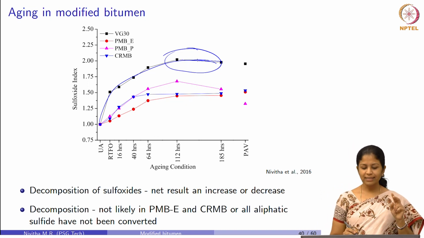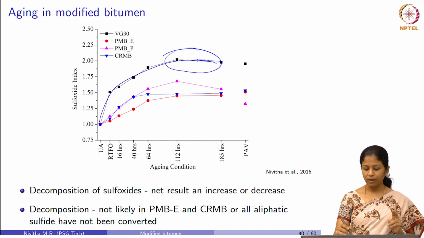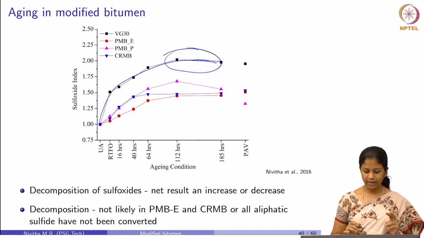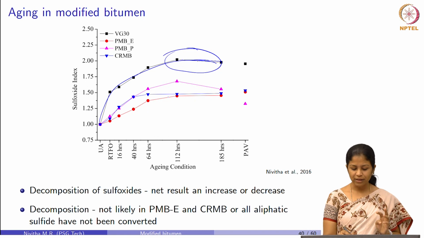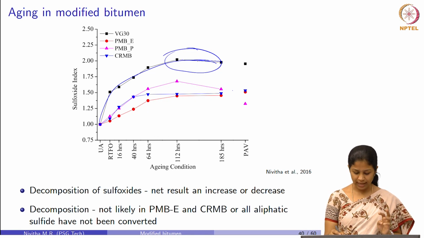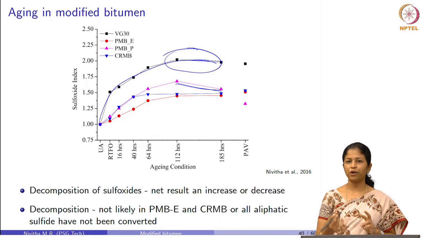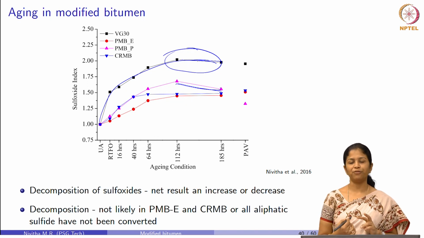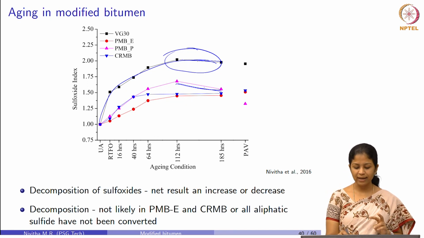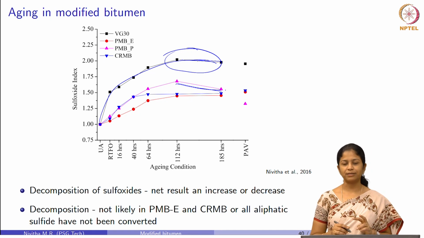So, that is the second thing which we have to focus on in the case of the sulfoxide index. We can also see there is not much decomposition in the case of elastomer and crumb rubber modified bitumen, whereas in the plastomer modified bitumen, the decomposition is more predominant compared to the formation of sulfoxides. That is why we see a reduction in the sulfoxide index.